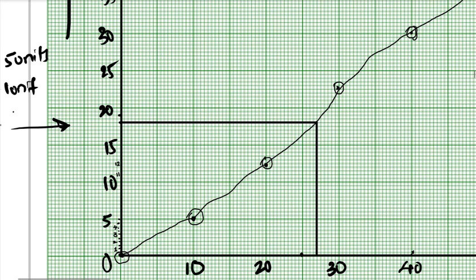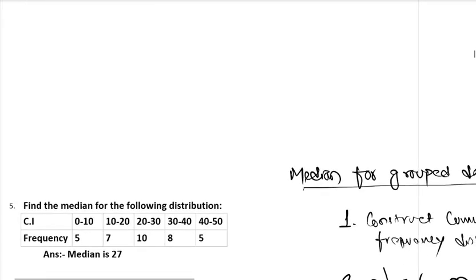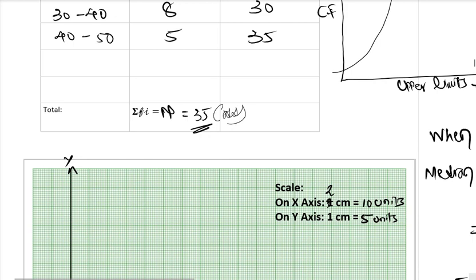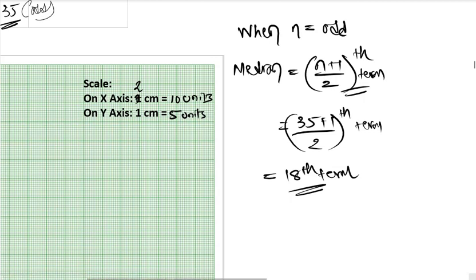Okay. So what we have done, just understand what you have to do. First, you plotted the ogive, and then you referred to your total number of observations, which was 35, which was odd. So you applied the formula to find the median where n is odd. When n is odd, the median is the (n plus 1) by 2th term, that is (35 plus 1) by 2th term, that is 36 by 2, that is the 18th term.